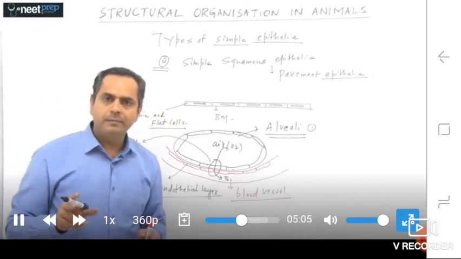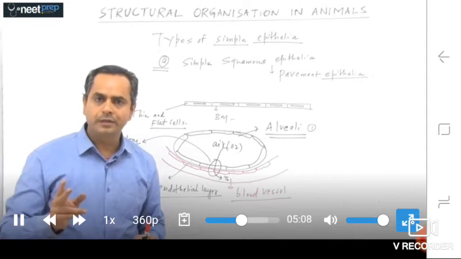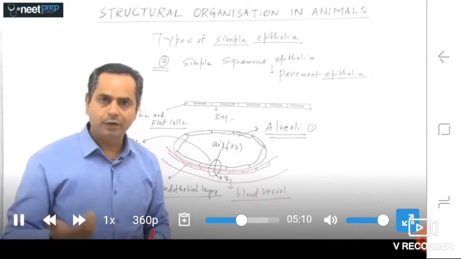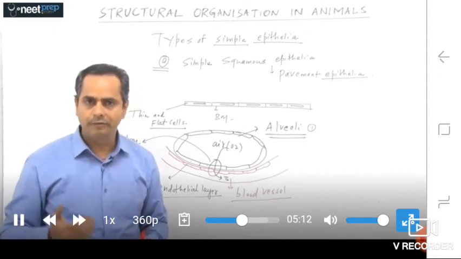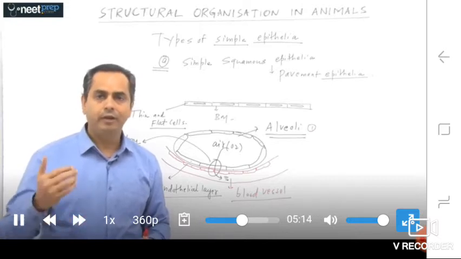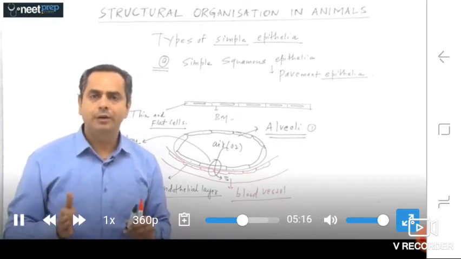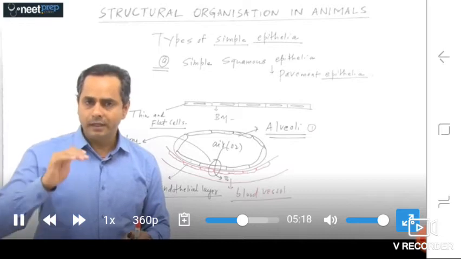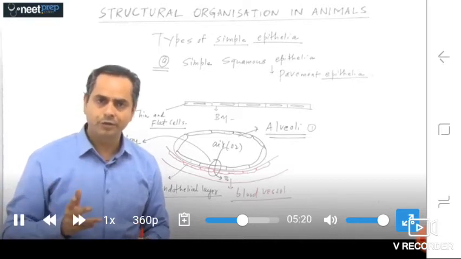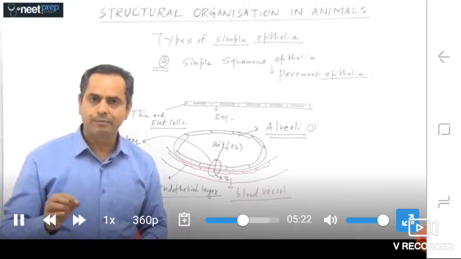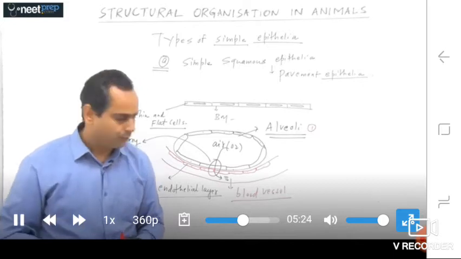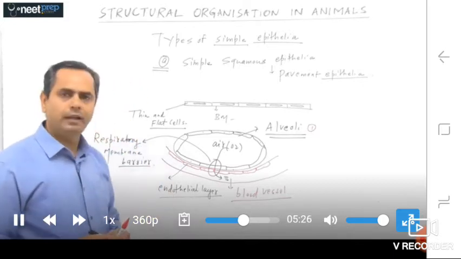So the respiratory membrane barrier includes a double layer of simple squamous epithelia. One is the layer of alveoli and second is the layer of blood vessel. Remember, the inner lining of blood vessel is also made up of simple squamous epithelia, also called endothelial layer.